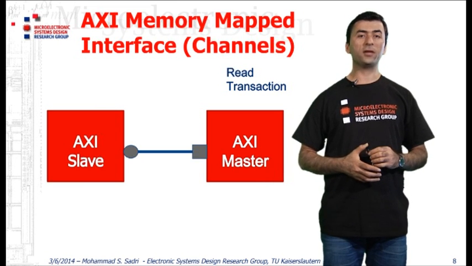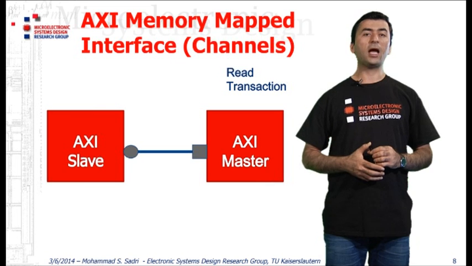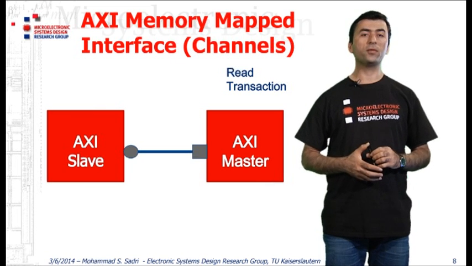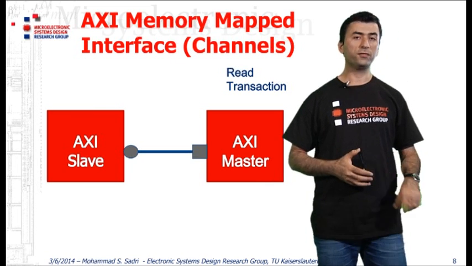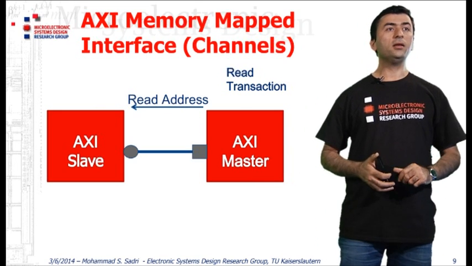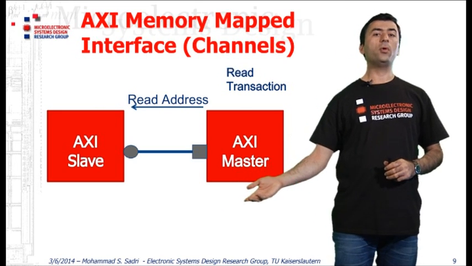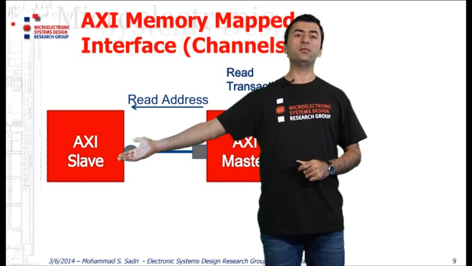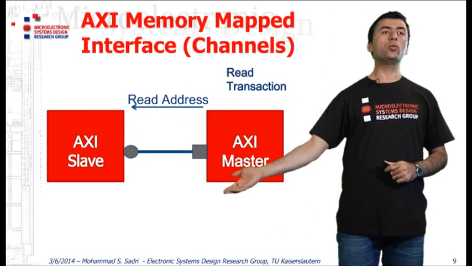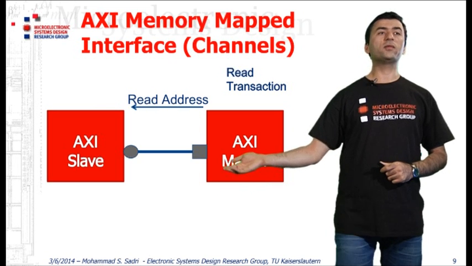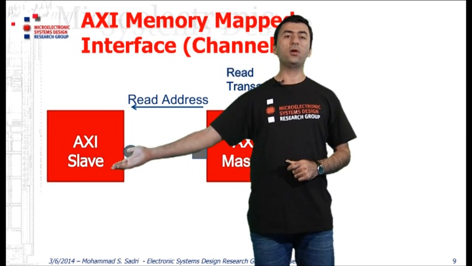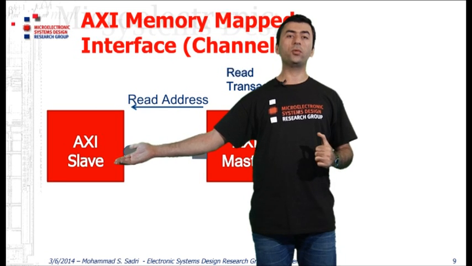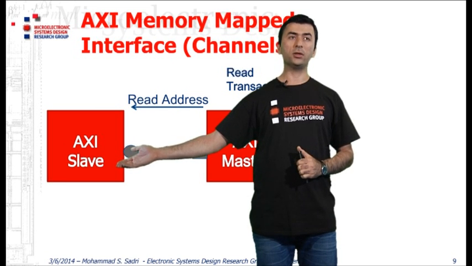For read transactions, we basically have these two groups of signals involved. First, when the AXI master wants to initiate a read transaction to an AXI slave, it needs first to provide the slave with the address from which it wants to perform the read operation.